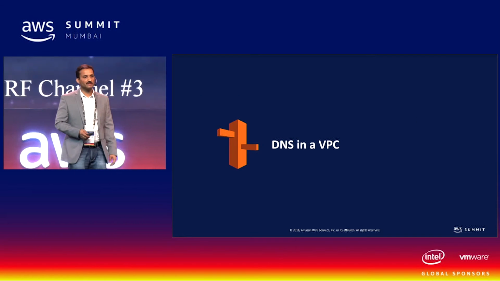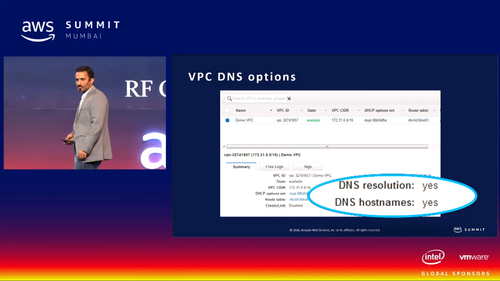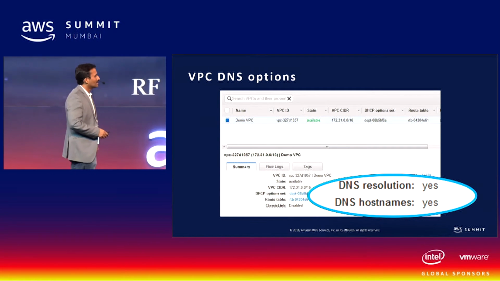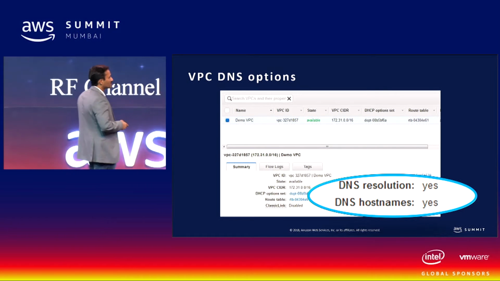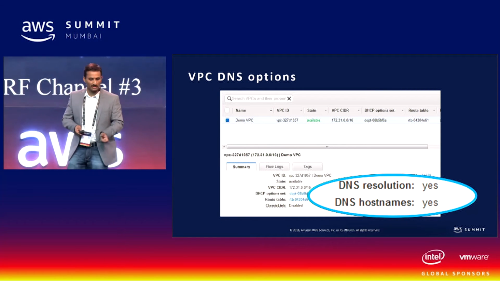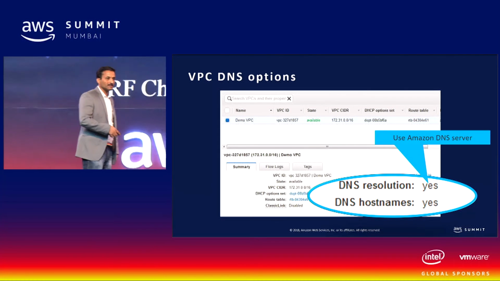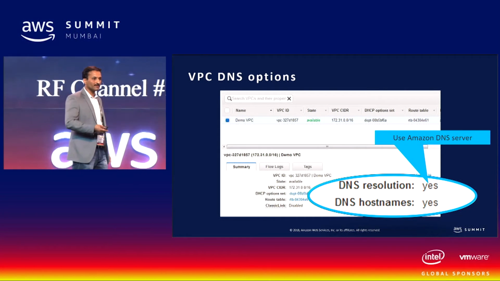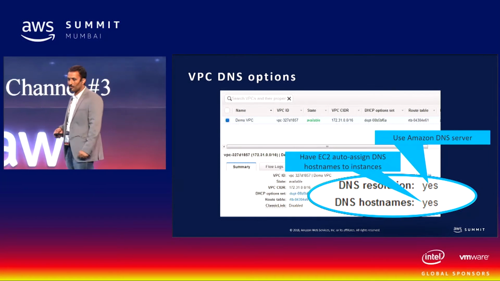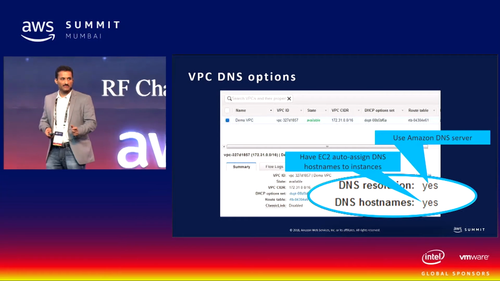What that means is, in a VPC you can configure the EC2 instances and your network to use the Amazon provided DNS server by setting the DNS resolution and DNS hostname options to yes when you're creating the VPC from the console, right? Once you do that, it will use the Amazon DNS server to resolve the host names you want to connect to, right? At the same time, it will assign a host name to each EC2 instance you provision in your VPC.